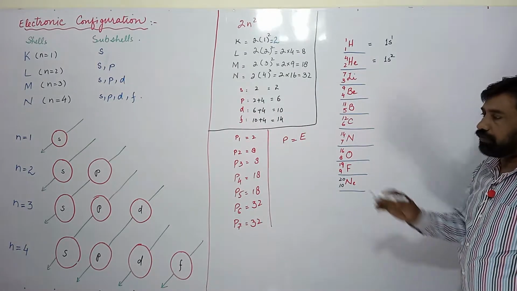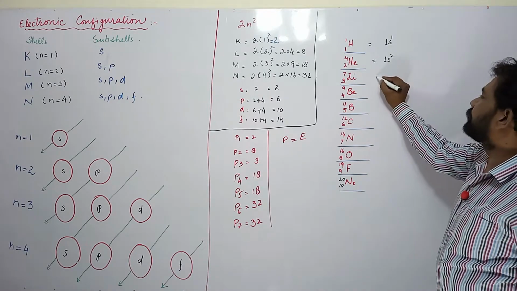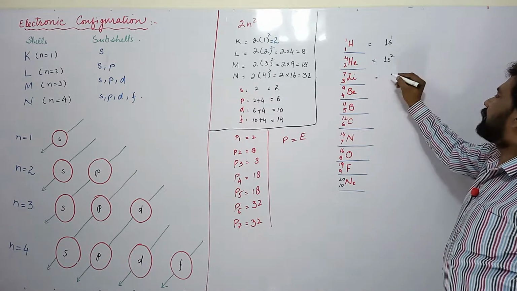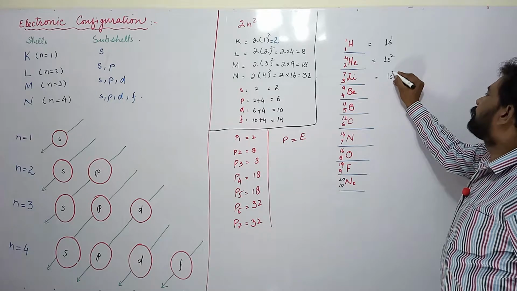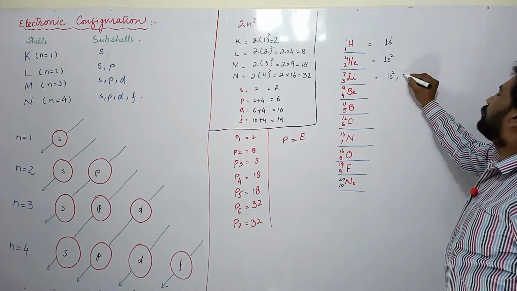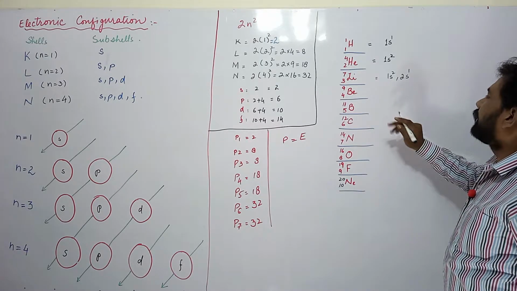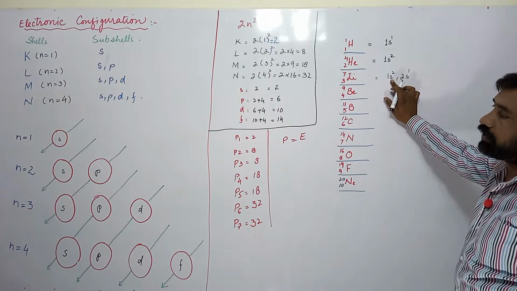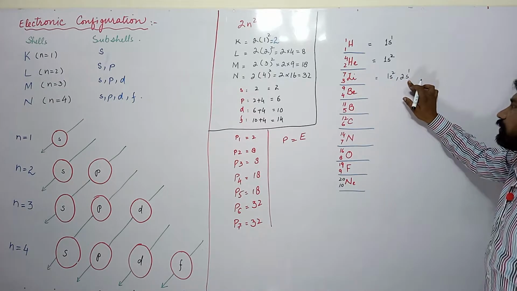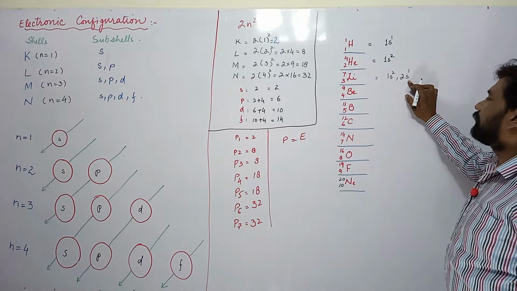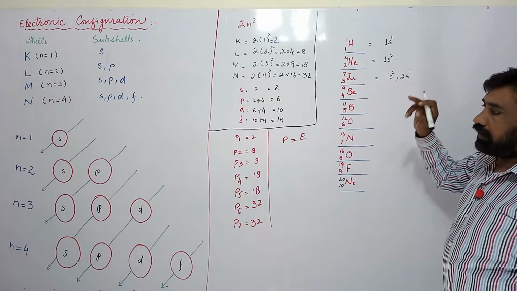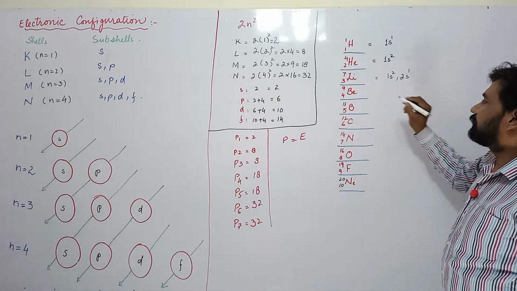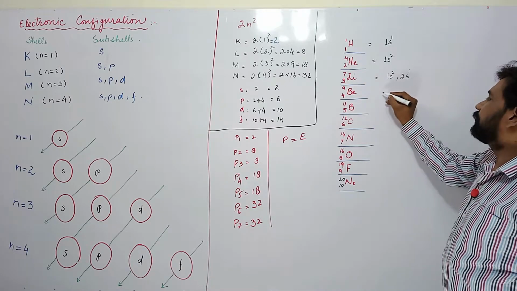So this order will be followed. Students, in this case, lithium is 1s2 and 2s1, as 2 electrons will be accommodated in the first shell and 1 electron in the second shell or in the subshell s where quantum number is equal to 2.